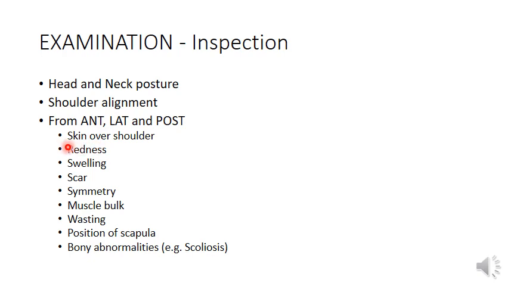You need to observe the skin, whether there is any redness, swelling, any stretching of the skin, any scar, the symmetry, the muscle bulk if it is similar on both the sides, any wasting of muscles, and on the posterior aspects, don't forget to look for the position of the scapula if it is same on both the sides, and any bony abnormalities like kyphosis, scoliosis, lordosis.